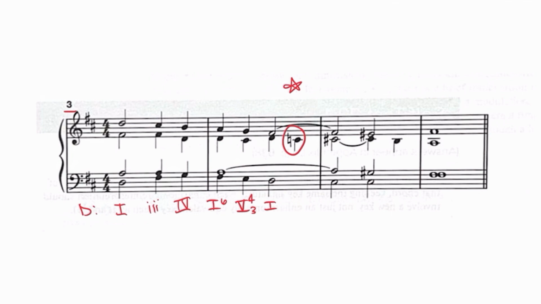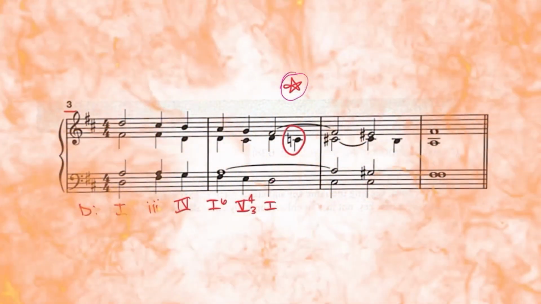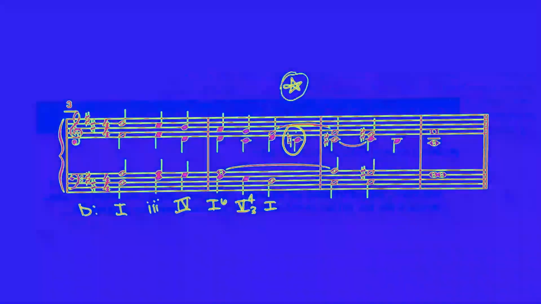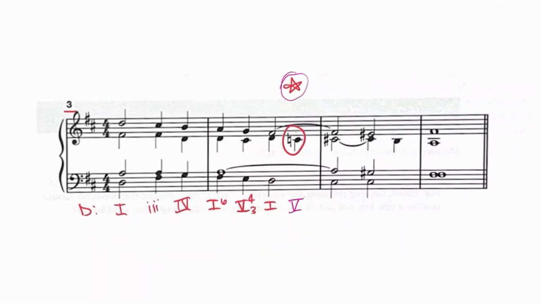Thanks, Ellie. So, like she said, this is going to be our pivot chord. And this chord, in the key of D major, would usually be a 5/7 of 4 chord with this D, A, C natural, and F sharp.